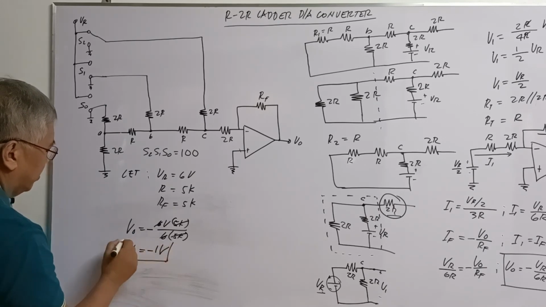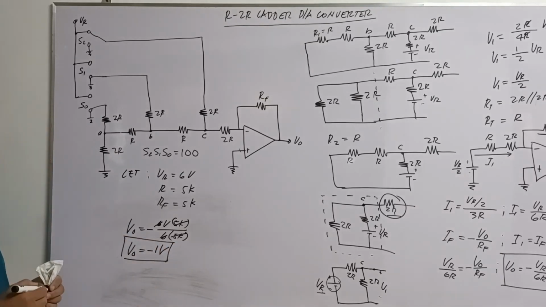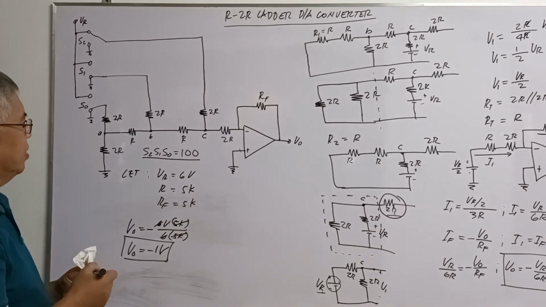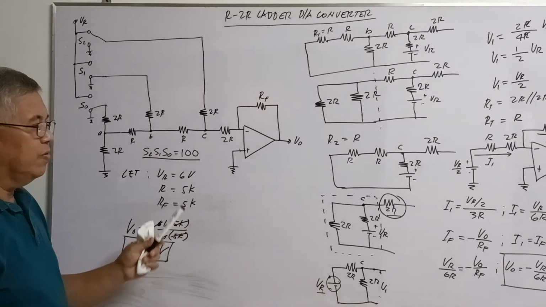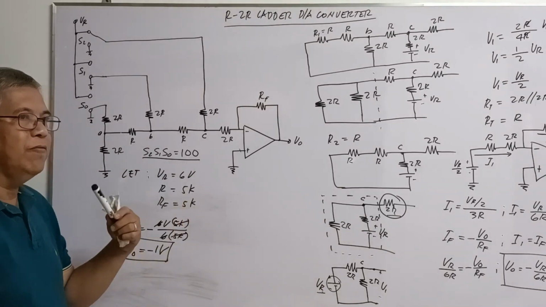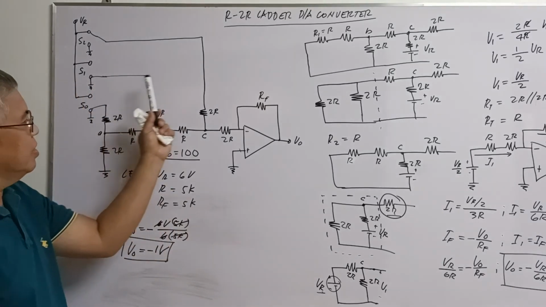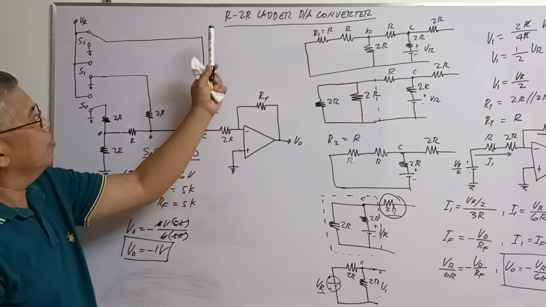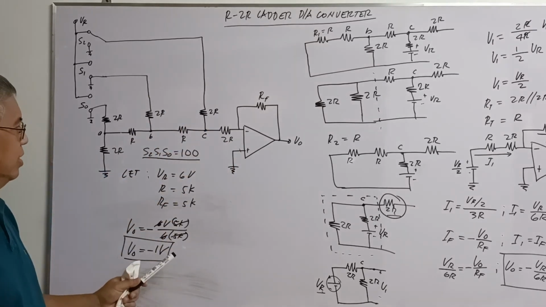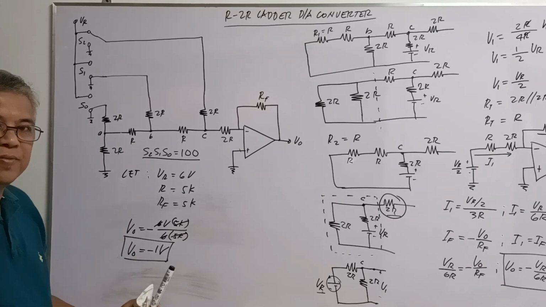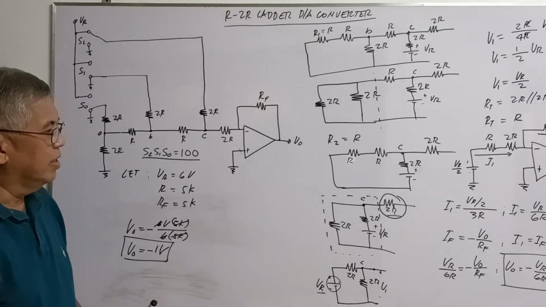So that is your value of your VO for this particular condition of your digital input, no? 1, 0, 0 coming from your digital signal processor. Once it passes through an R to 2R ladder converter, your output becomes minus 1 volt.